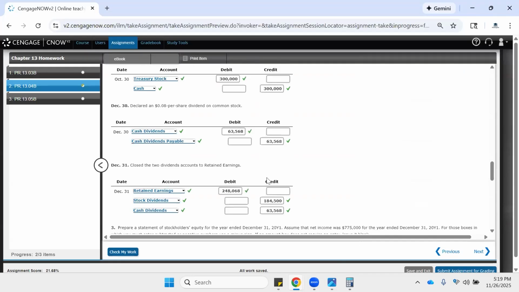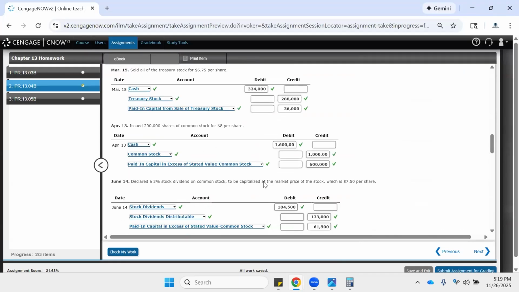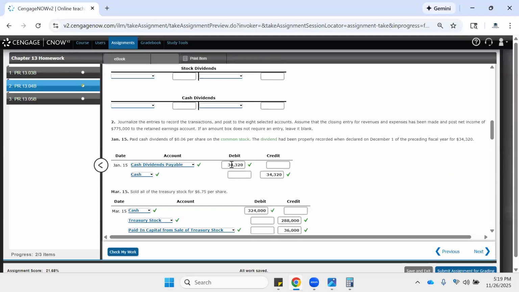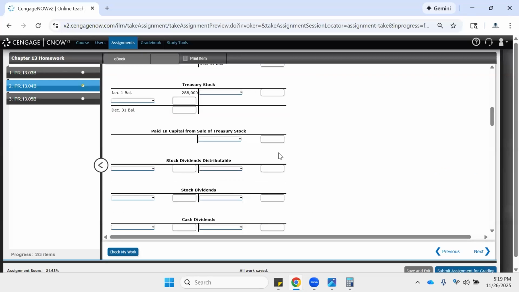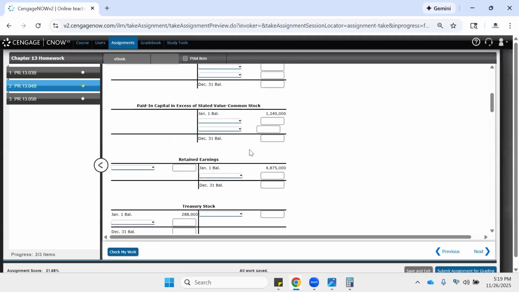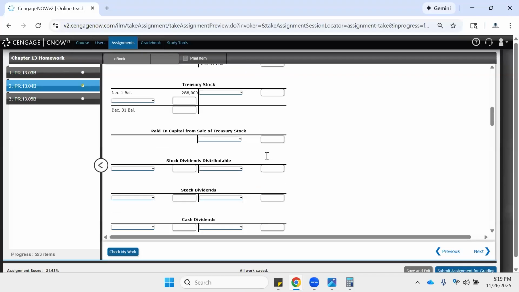So the next step that we have to do is post these transactions to the T accounts. And we're just going to go in order so that we can keep track of things. Cash dividends payable.